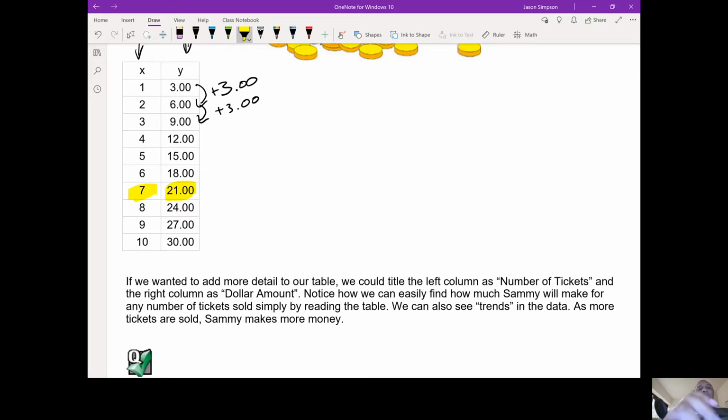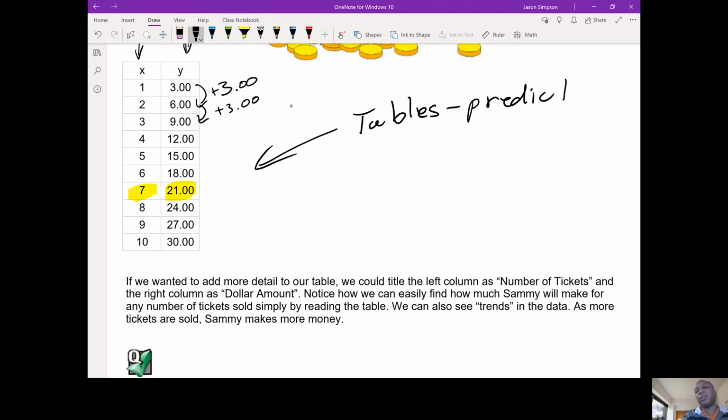So the cool part about these tables is that they can help us predict the future costs. That is why we use these things.